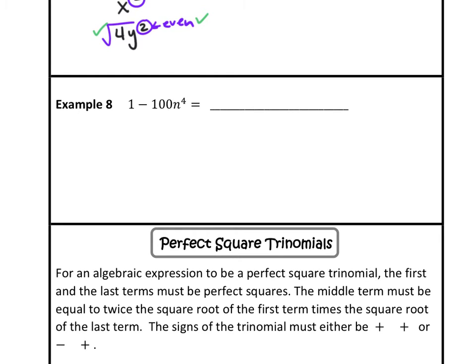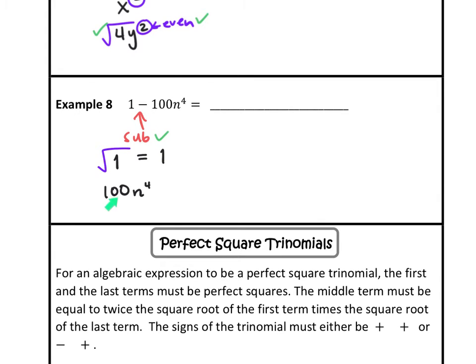Example 8. Is there subtraction going on? Yes. Can I take the square root of 1 and get a whole number? Yes, right? And then the last term, 100 n to the 4th.